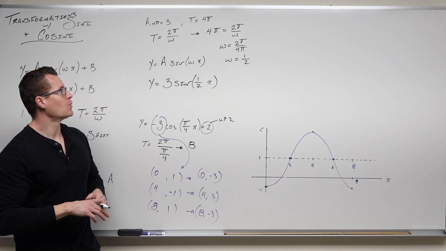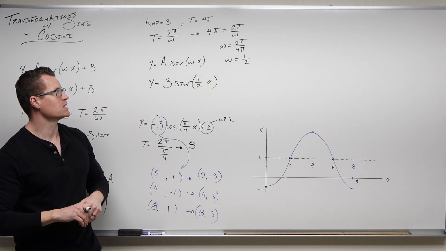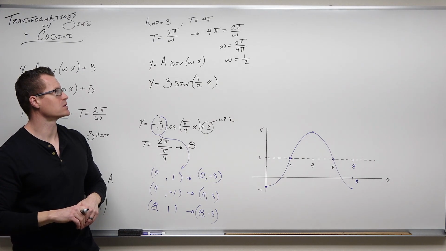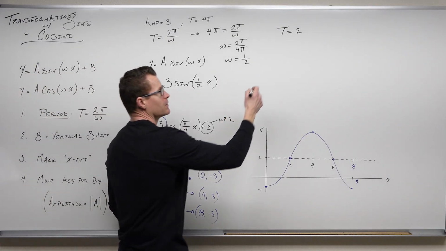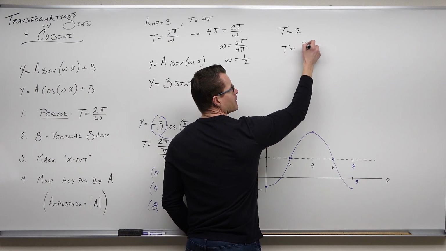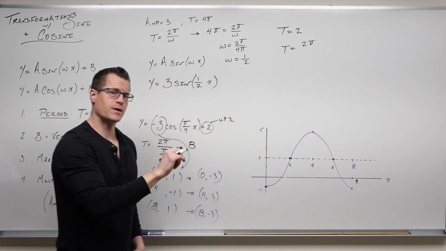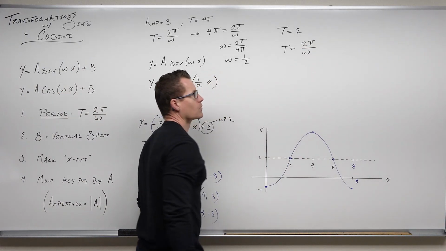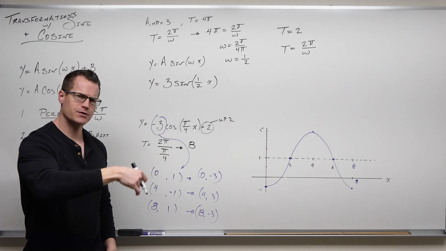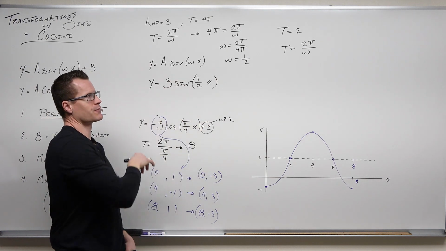Now, weird question. What if your T wasn't 4 pi? What if it was just 2 or something? Well, we can do the same thing. We just understand that if we take our original period for our trig function, write the formula. Period is always 2 pi divided by omega, and that's the number in front of x.